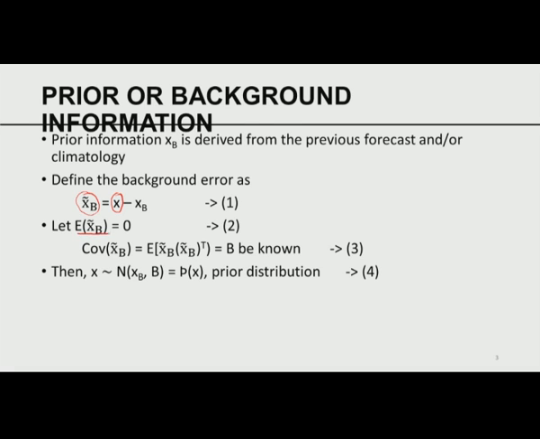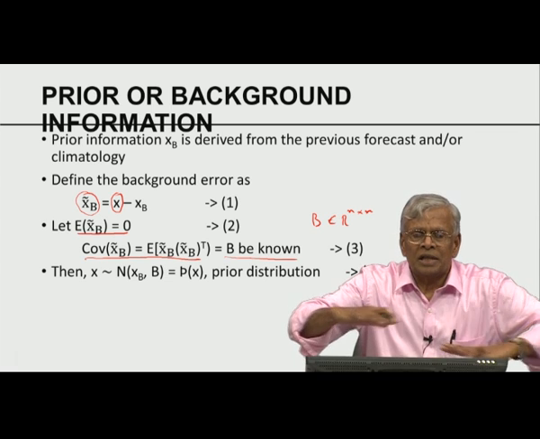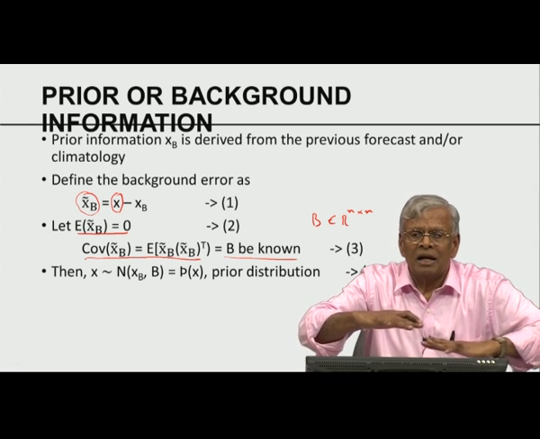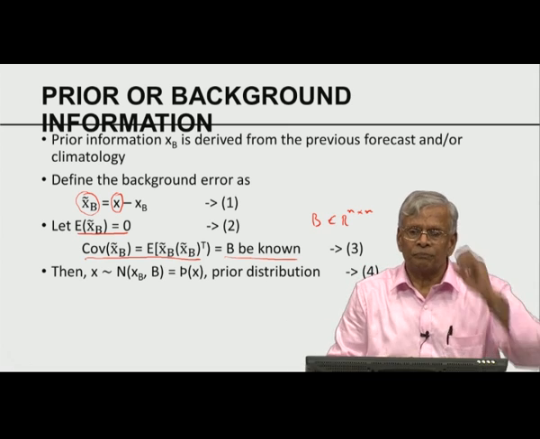The expected value of x tilde b is 0. The covariance of x tilde b is B. B is an n by n matrix. So B is an n by n matrix that encapsulates the spatial covariance that underlies the current knowledge of x_b.